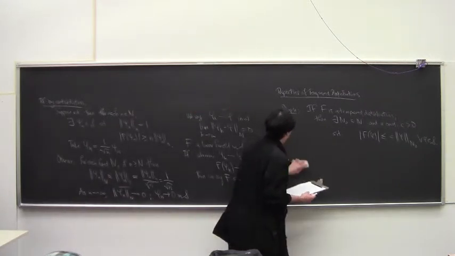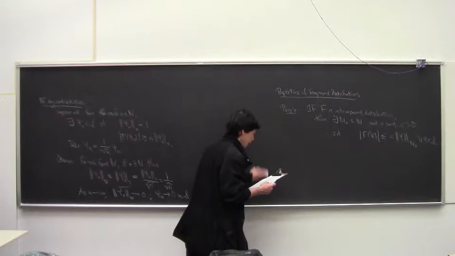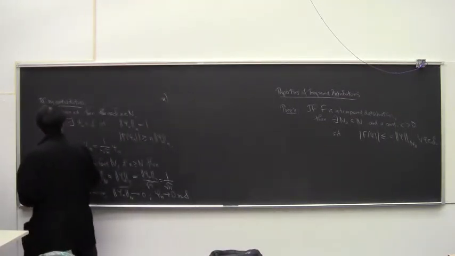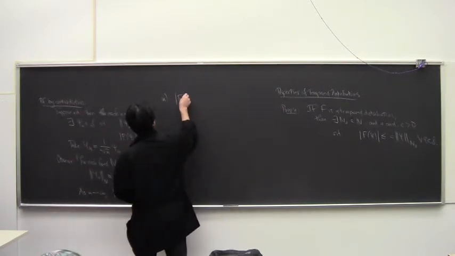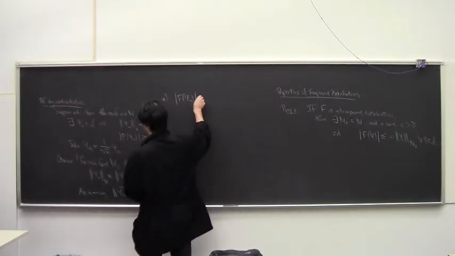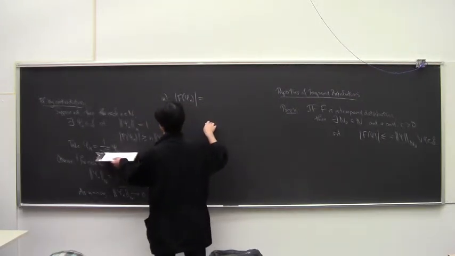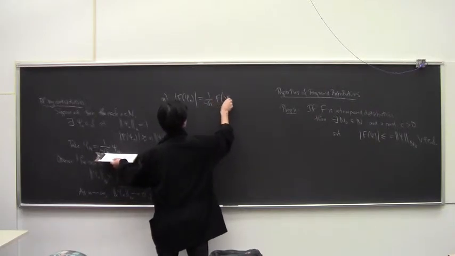Okay, so those guys are going to 0, but if you look at observation number 2, f of phi sub n is, of course, 1 over root n times f of psi sub n.